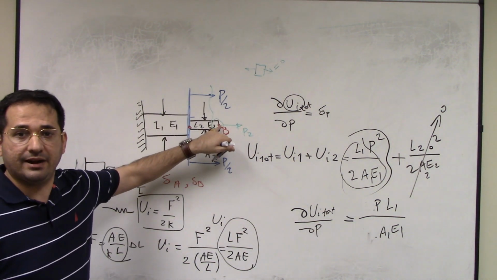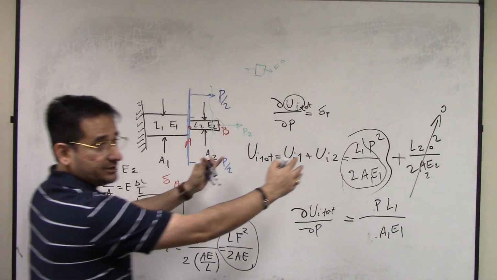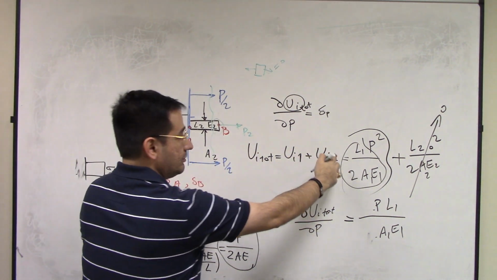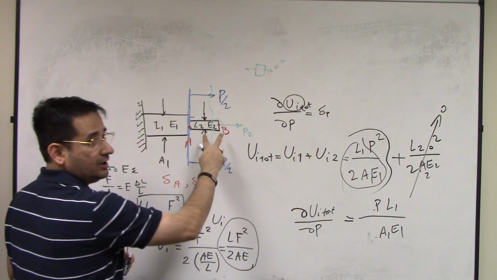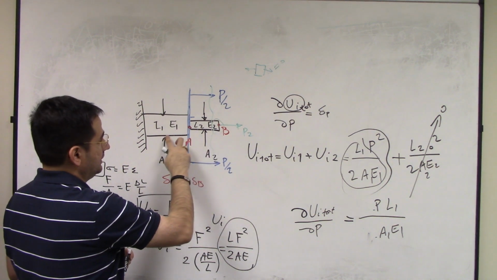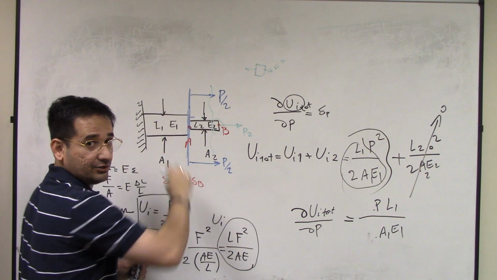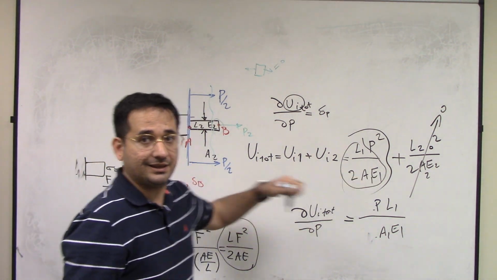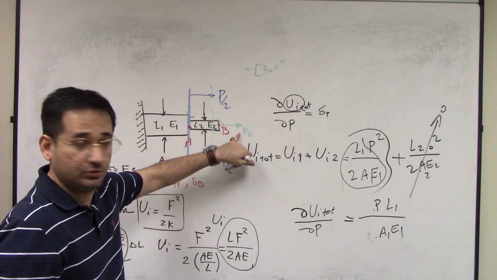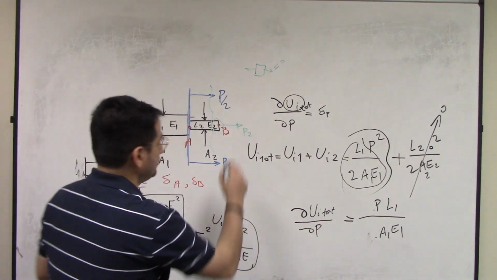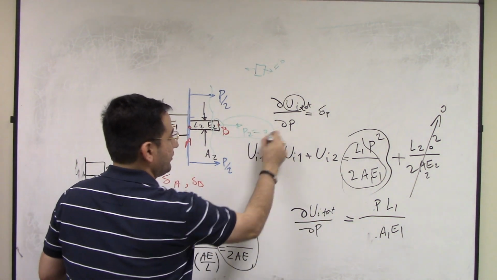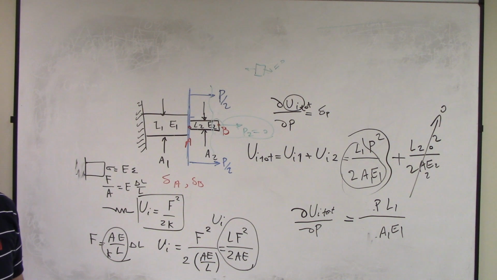Put the force there, and then write the internal energy of the system. So in that case, the internal energy would be a function of P and P2 and the modulus of elasticity and length of both sides, like this. And then take derivative with respect to P2, but at the end, put P2 equal to 0, because there was nothing here. We just added it to the system.